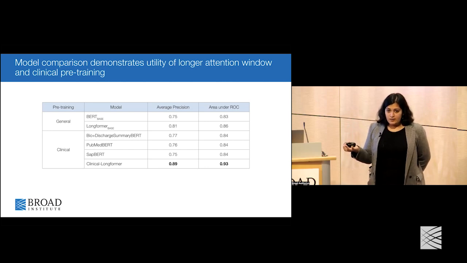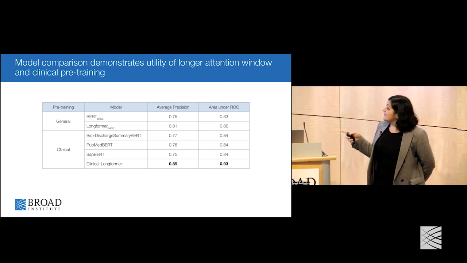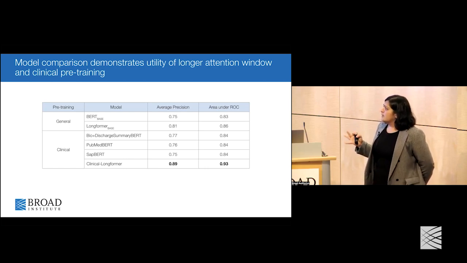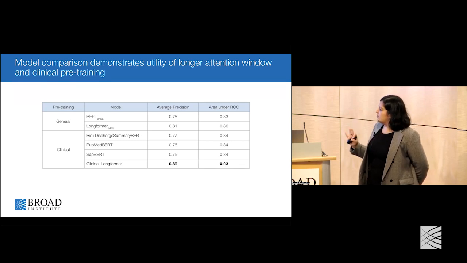So it's nice that we're seeing some consistency, but clinical Longformer outperforms the clinically pre-trained BERT-based models by quite a lot. We get a 0.89 average precision and a 0.93 AUROC.